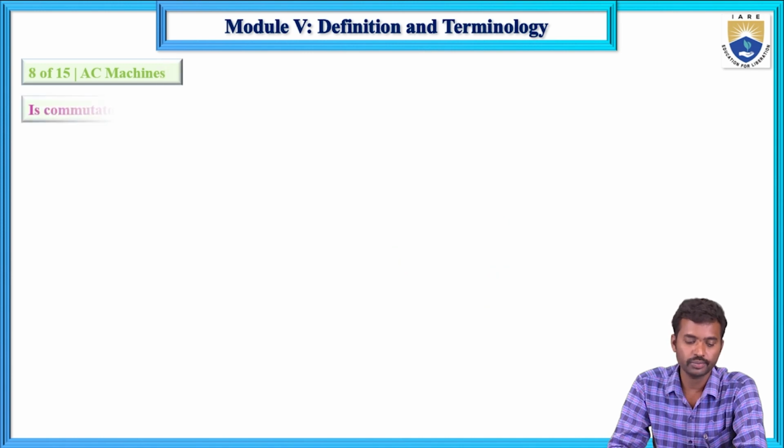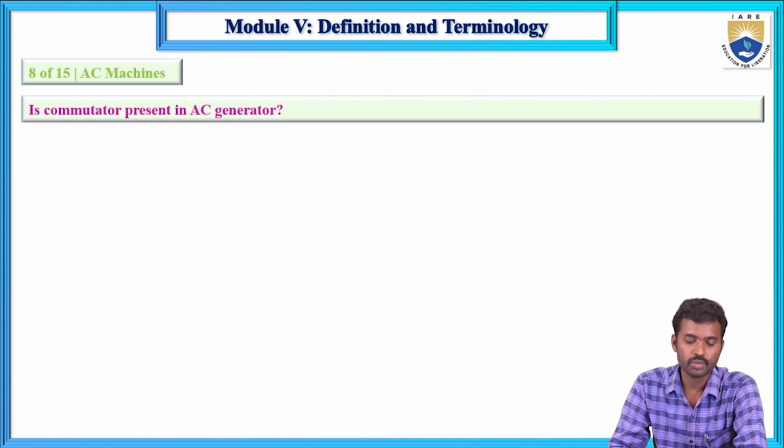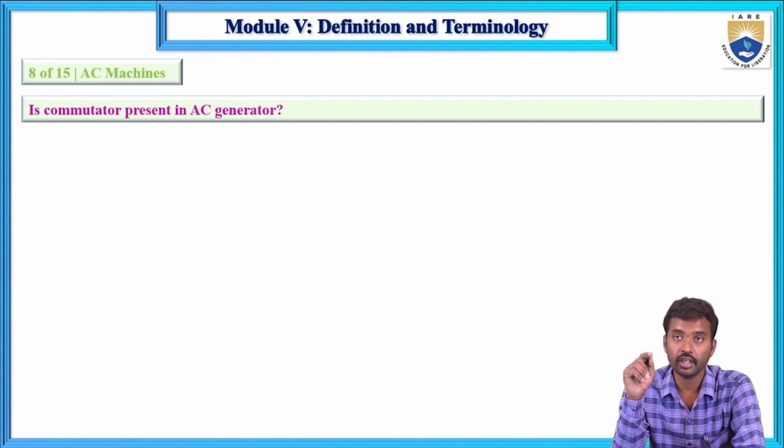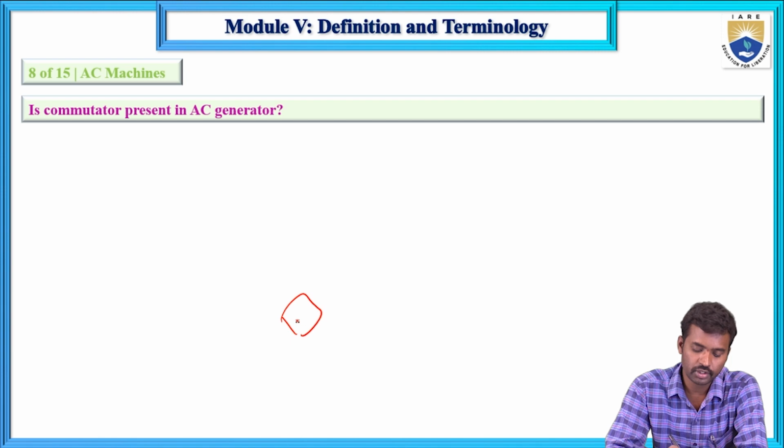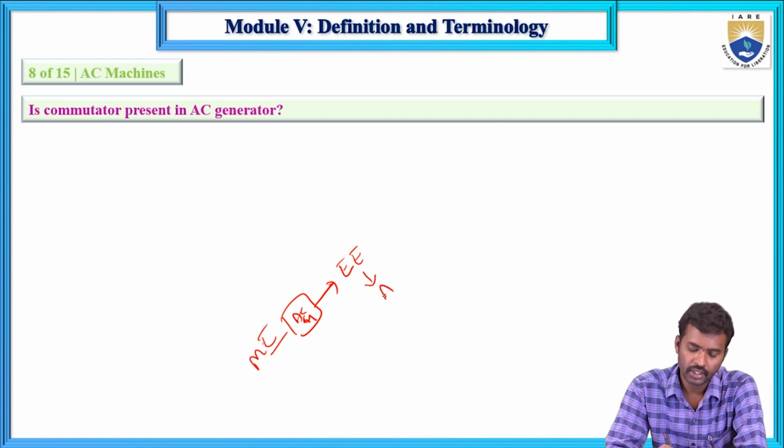Now, the eighth question: is a commutator present in the AC generator? No. The AC generator converts mechanical energy to electrical energy, and that electrical energy is AC, a sine wave.